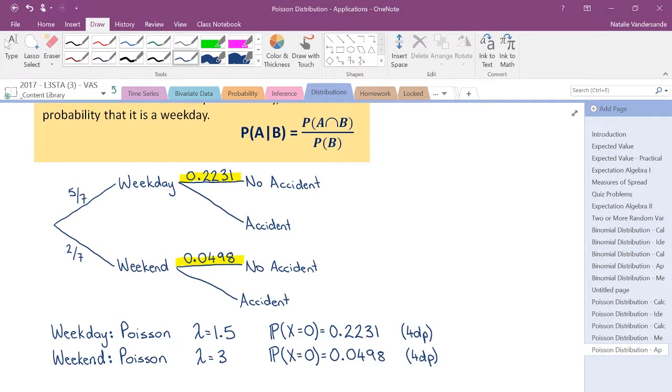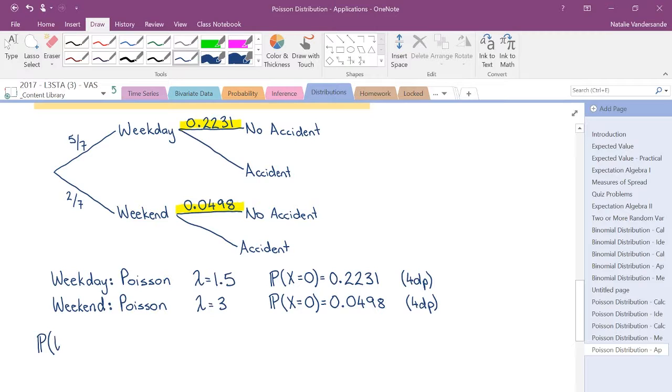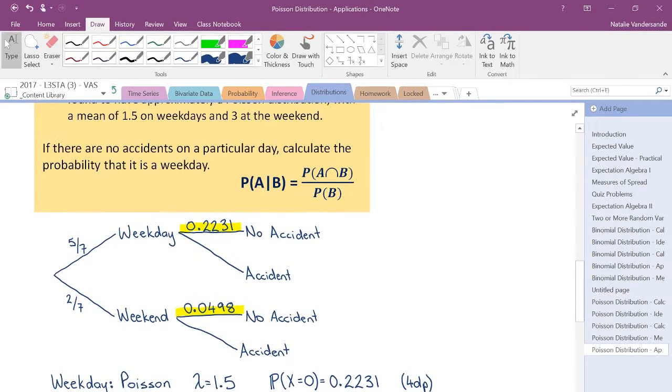Now we are ready to work out the conditional probability. So we are wanting to find the probability that it was a weekday given no accidents occurred. I know that from this last bit in the question here. If there were no accidents, so that's my given part, calculate the probability it was a weekday.